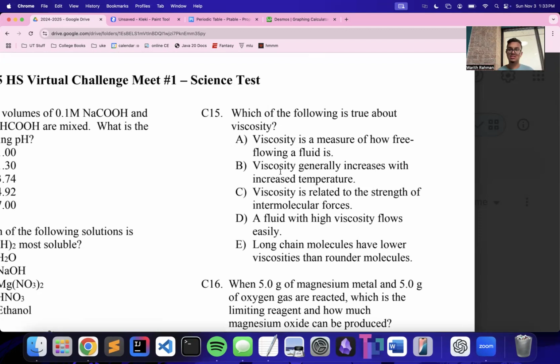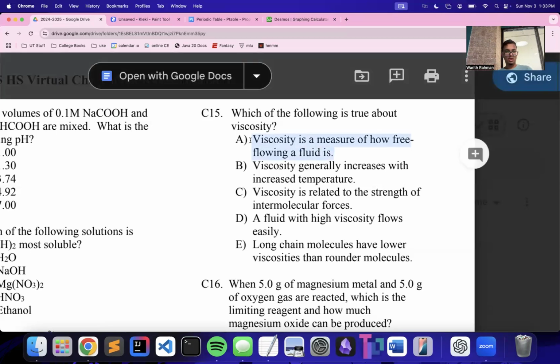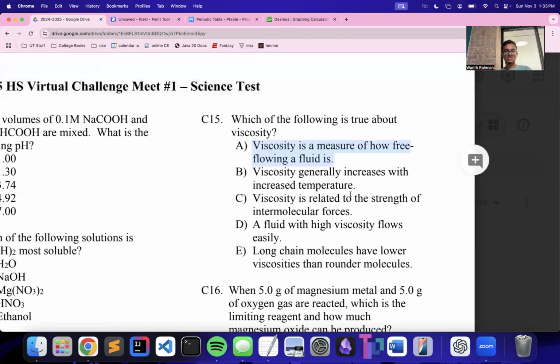A higher viscosity means it's a lot thicker, like oil. Oil is really viscous, but free flowing water is very low in viscosity. So A becomes wrong. B, viscosity generally increases with increased temperature. If you increase the temperature of a liquid, it should usually become easier to flow. So this one should be wrong.